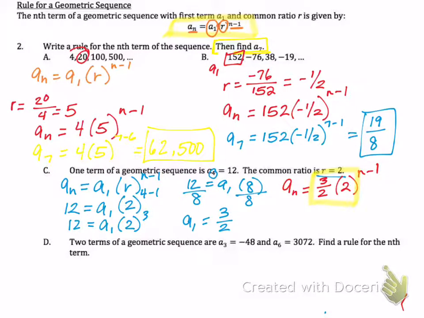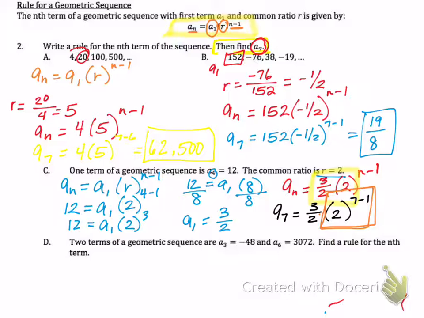So if I'm plugging in A of 7, because that's what it wants me to find up here in the directions, I'm going to take 3/2 times 2 to the 7 minus 1 power. If you're doing this in your head, without a calculator, you would do the 2 to the 6th power first, then multiply it by 3/2. But I don't ever want to see those two numbers in the front combined together, because that doesn't make sense.